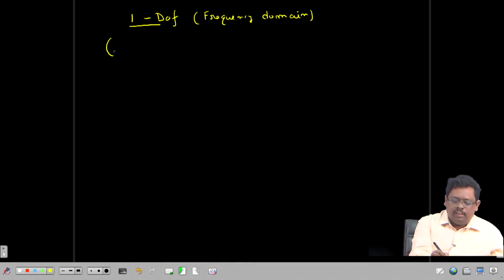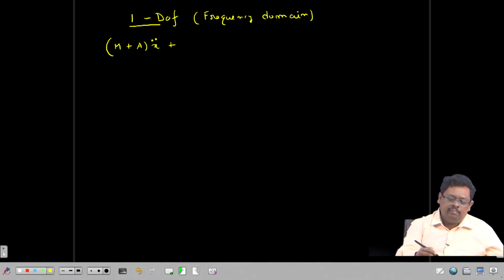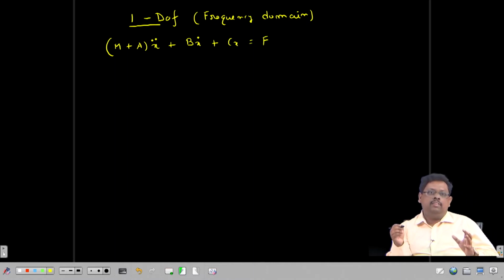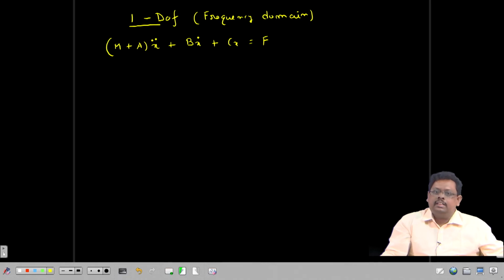If you know very well, the general equation of motion is (m plus a) x double dot plus b x dot plus c x equal to f. Here, since it is the general equation of motion I am using capital A, but eventually I make it small when we use the frequency domain assumptions. This is the standard format that we discussed from our very first day.